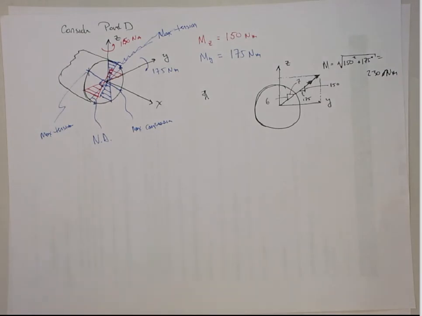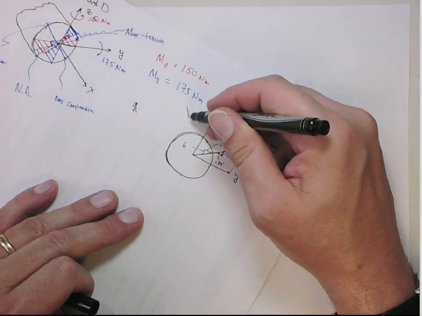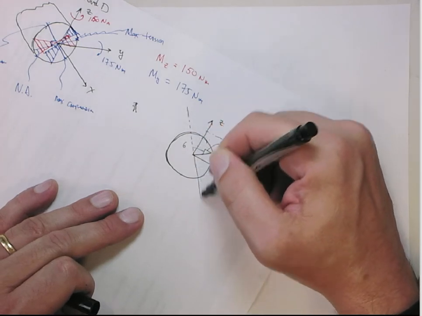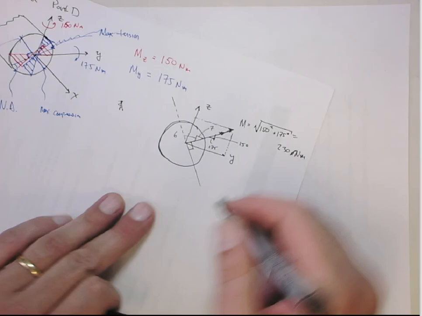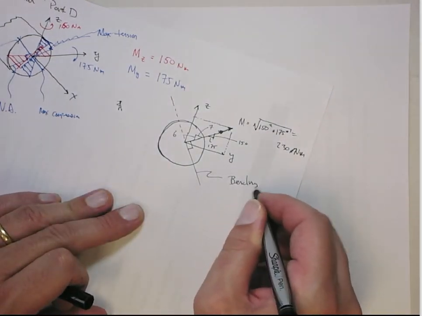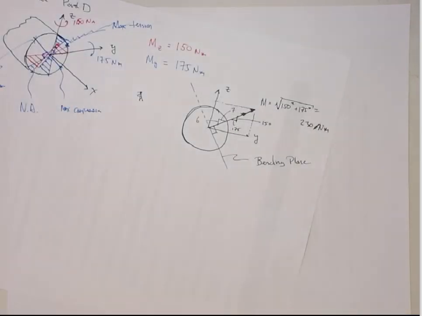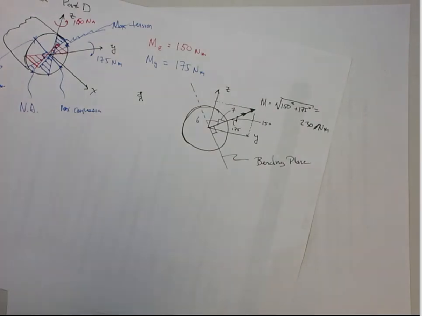Well, now that you know the magnitude of the bending moment, all right? Basically, the bending plane now is perpendicular to this, right? This is the bending plane. All right? And now, since this is a circular cross-section, I should probably define all the angles.